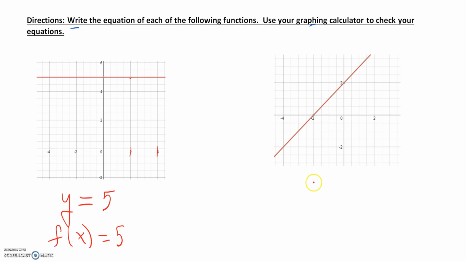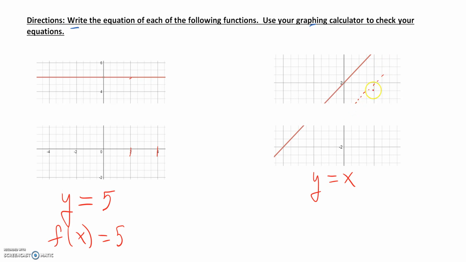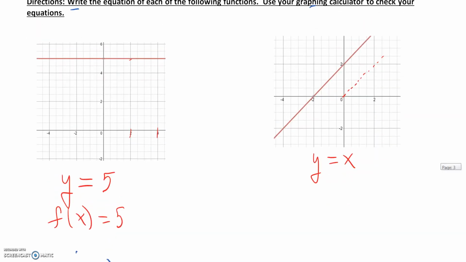And now, when we compare the parent function y equals x, well, y equals x was actually going through the y-axis and the x-axis. So really, the origin, like this. So what happened? Well, you can either look at it as you moved this line up 2, or you moved it left 2.